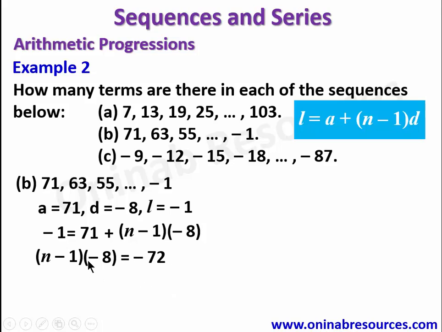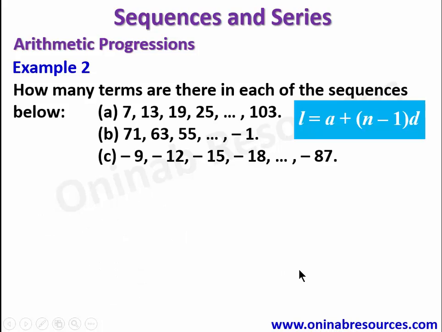Now dividing both sides by negative 8, I have n minus 1 is equal to 9. And taking this negative to the right hand side, n is equal to 10, which means the sequence in example 2b has 10 terms and it is an arithmetic progression.